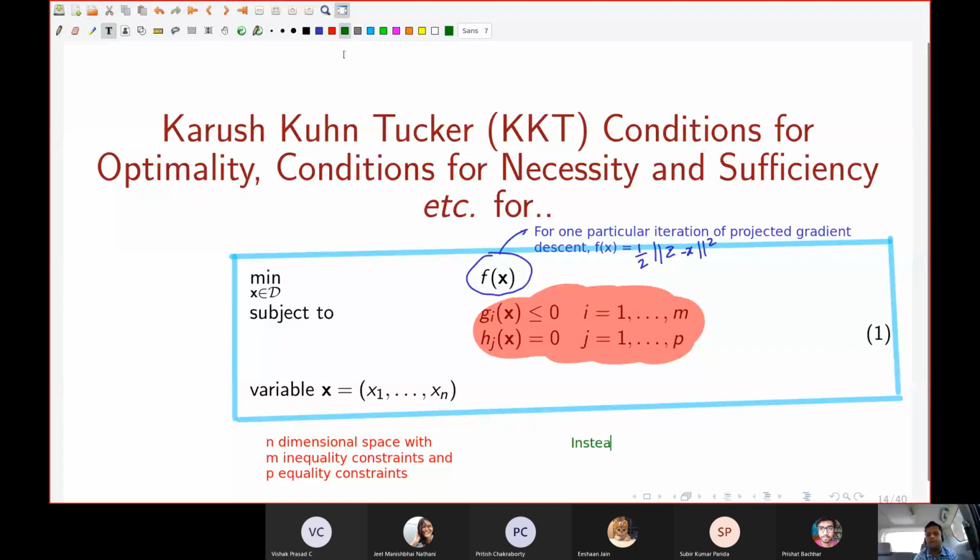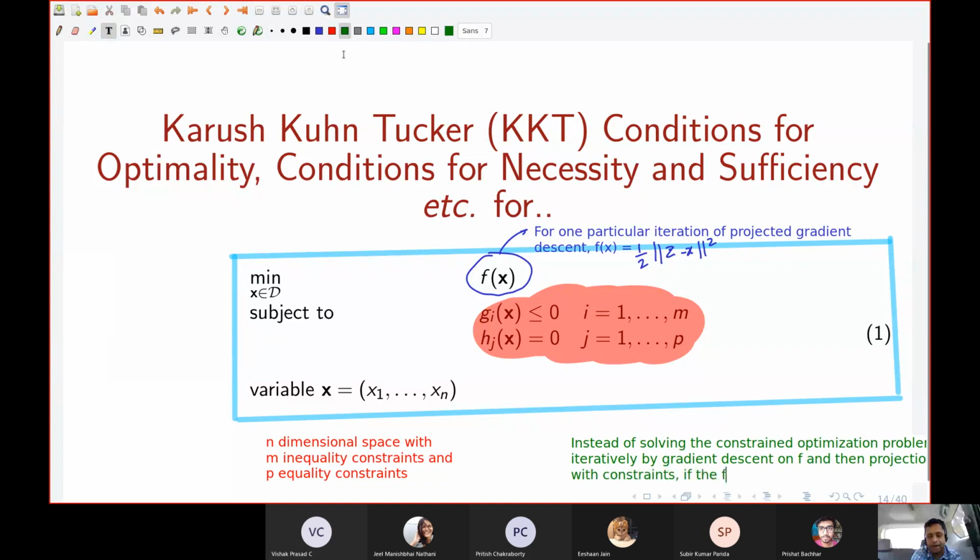Instead of solving the constrained optimization problem iteratively by gradient descent on f and then proximal or projected constraints, if f is itself simple, one could solve this constrained optimization problem directly.